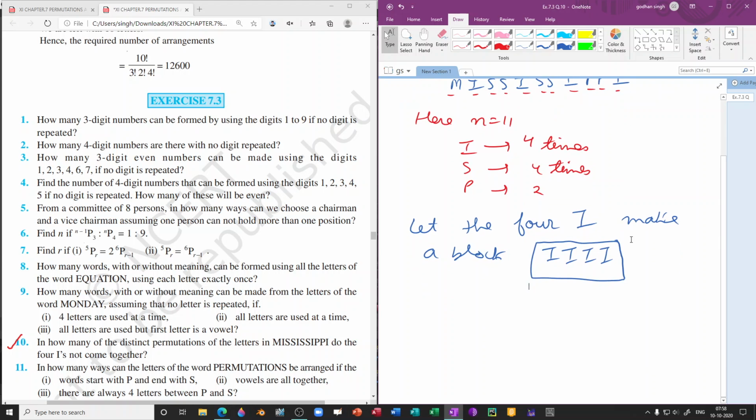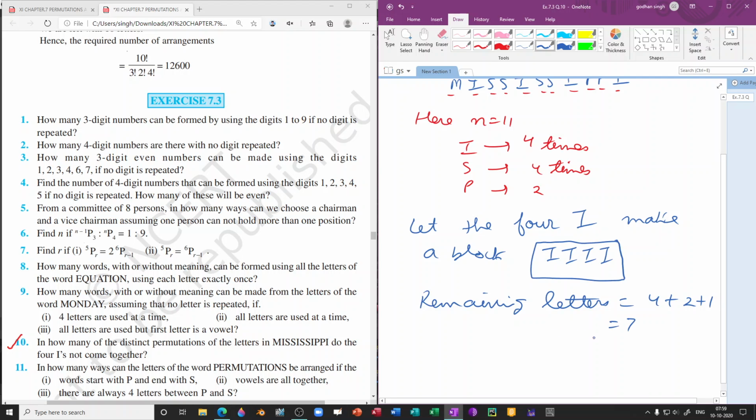Now because we have considered these 4 I's as one block, the remaining letters are 4 S's plus 2 P's plus 1 M, that is 7.